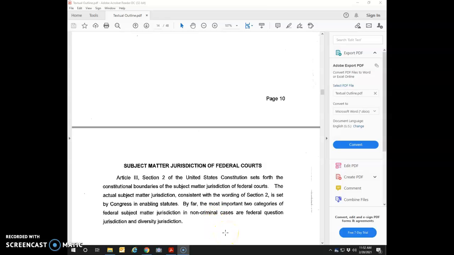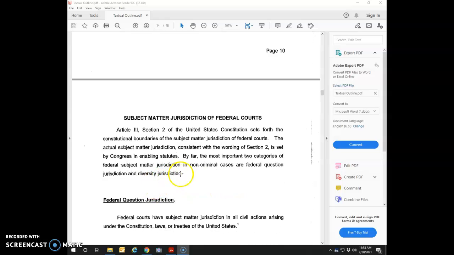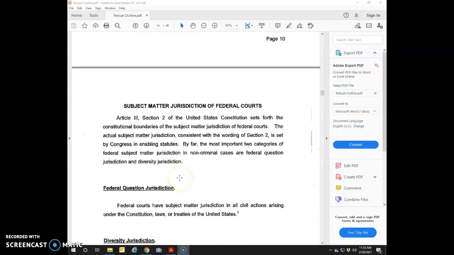When we look at it, we see that the U.S. Constitution itself, in Article 3, Section 2, which I'll leave for the legal advocacy course, sets forth what I've described as the constitutional boundaries for federal subject matter jurisdiction. In the civil area, the two most important categories, and the ones we're going to talk about, are federal question jurisdiction and diversity jurisdiction.